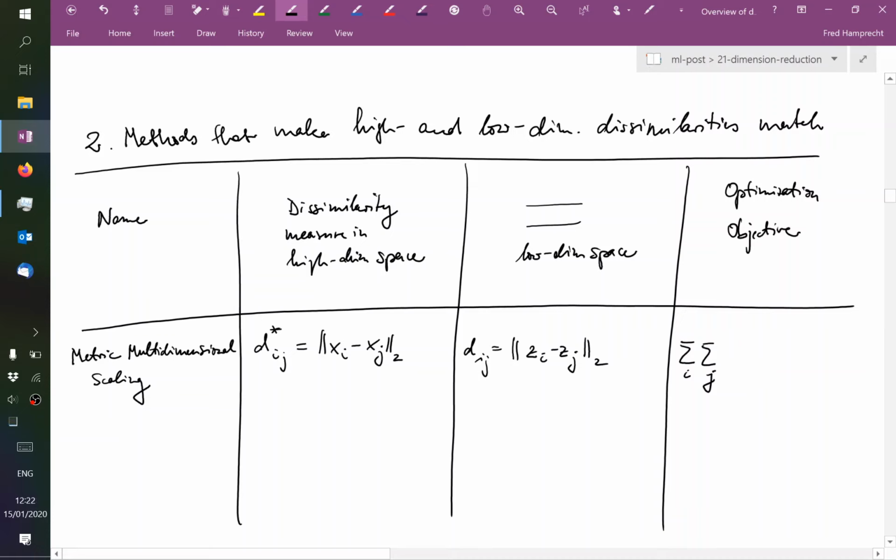We try and make these dissimilarities match as well as possible. So we look at dij star minus dij, and we square this deviation and we sum over them. This is an objective which is also sometimes called the raw stress.